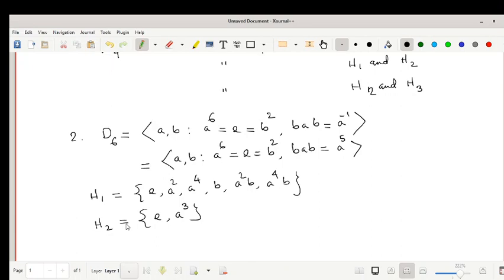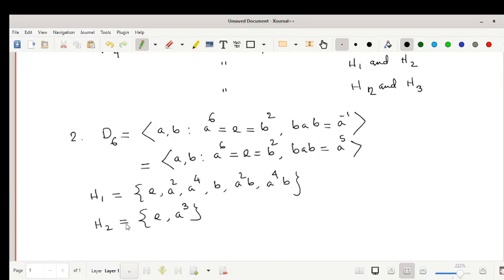Anyway, the symbols are changed only. A is replaced by Y, Y is replaced by A, and X is replaced by B. If you apply the same technique, it is not difficult to show that this H2 is actually the center of D6. Since H2 is the center of D6, it is a normal subgroup of D6.